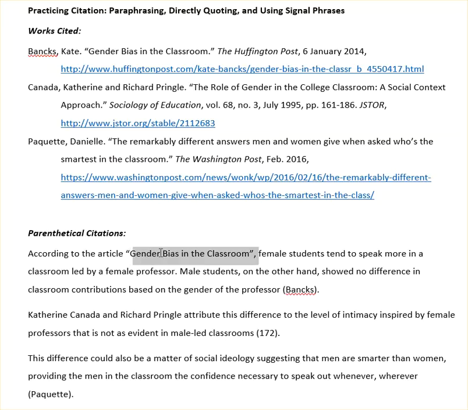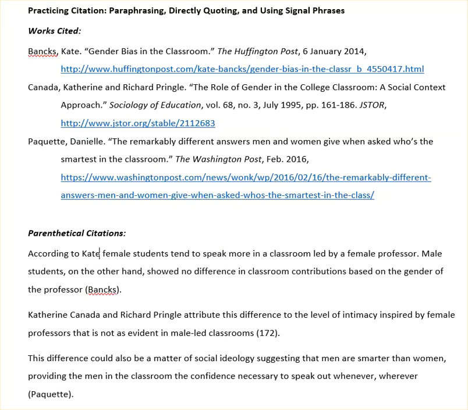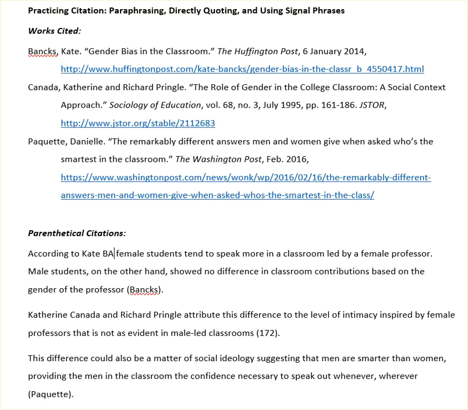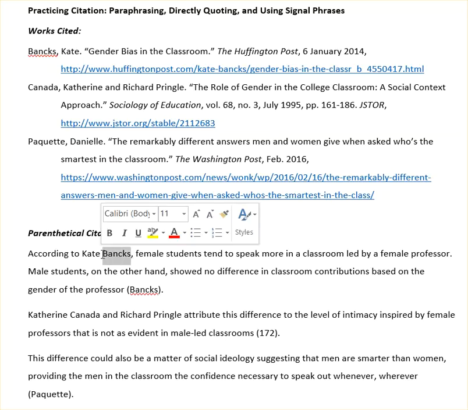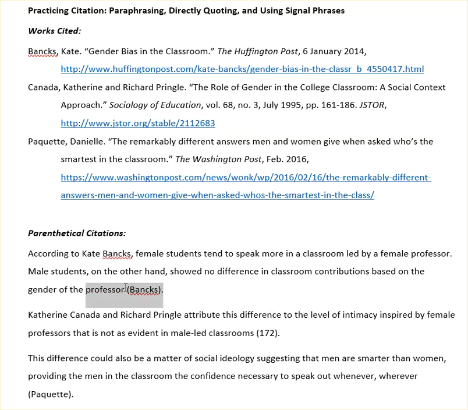Now I could have said, according to Kate Banks, female students tend to speak more in a classroom led by a female professor. Male students, on the other hand, showed no difference in classroom contributions based on the gender of the professor. Now, obviously, I have used the author's last name in the signal phrase in this case, so technically I do not need to use it in a parenthetical citation.